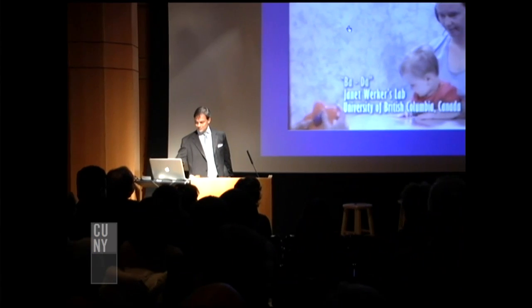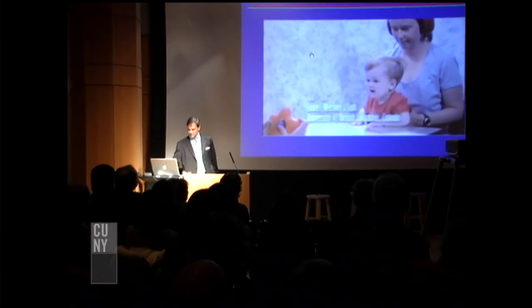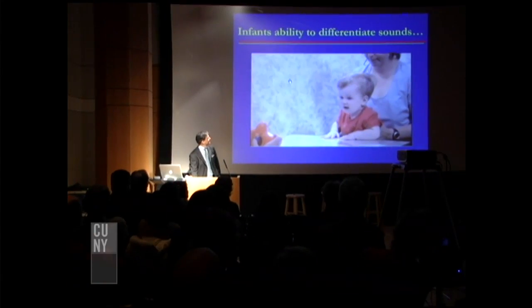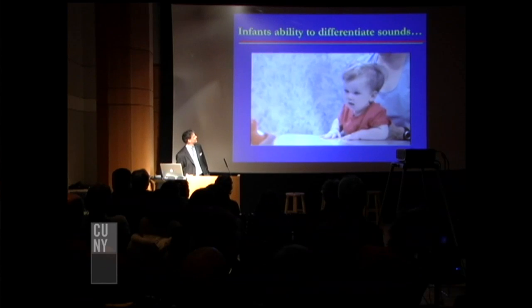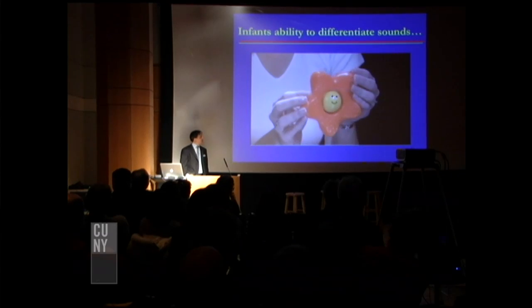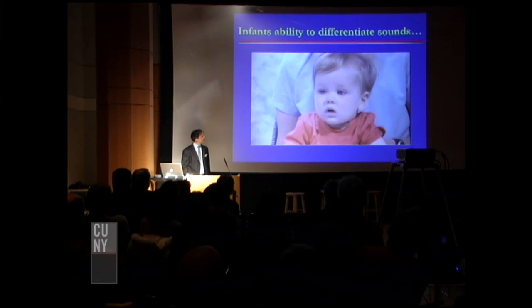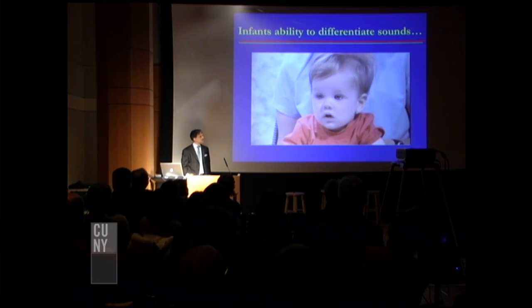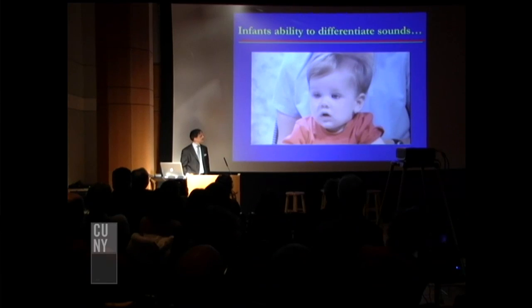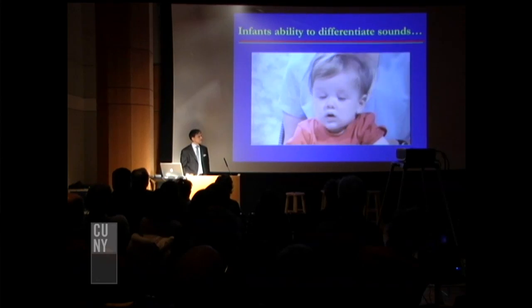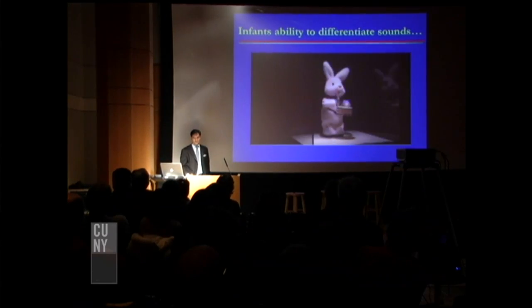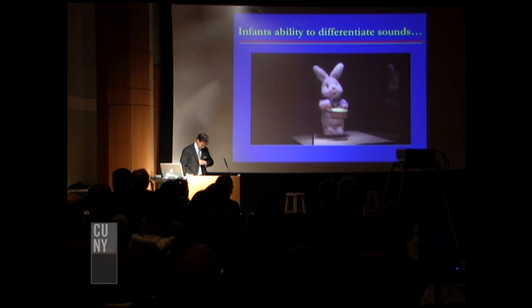Six-month-old Matthew sits on his mother's lap. A researcher sits opposite and keeps his attention on a colorful toy while a tape plays two sounds. One is ba, and the other is da, a sound only used in Hindi, and one which most English-speaking listeners can't distinguish from the English sound da. During the initial training period, a toy bunny is lit up in a large glass box to the side of Matthew the instant the da sound is played.